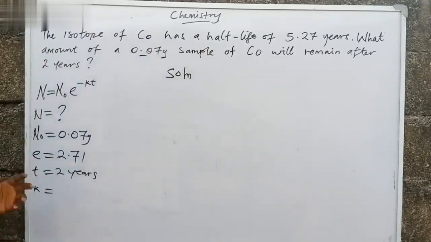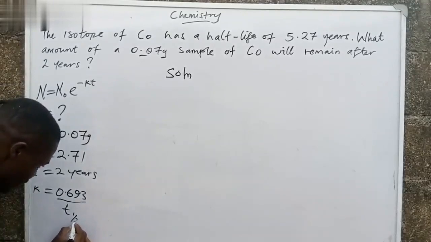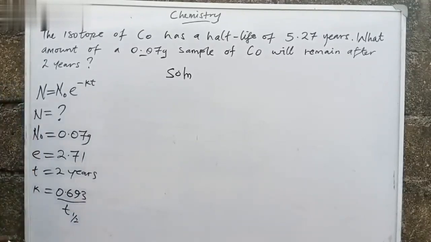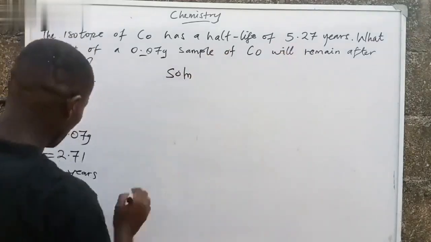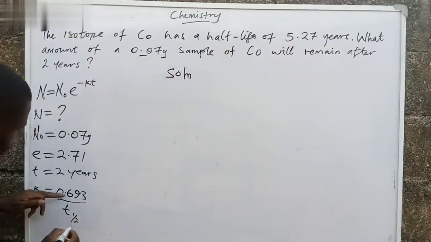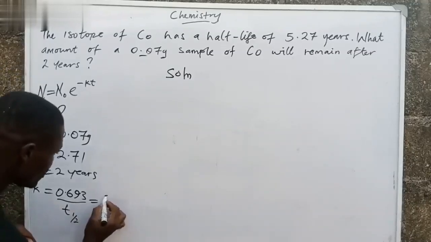But the decay constant itself has a formula, which is k is equal to 0.693 all over t half. Now, t half here is called half-life, and from the question, the value of half-life is 5.27. So we have 0.693 divided by 5.27.